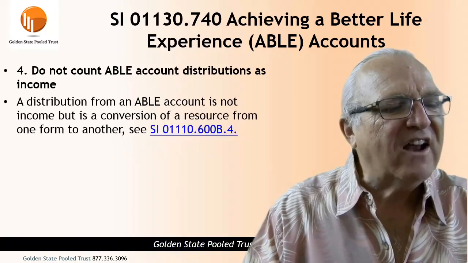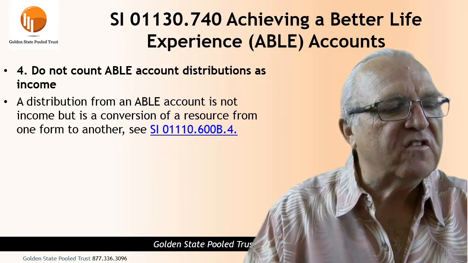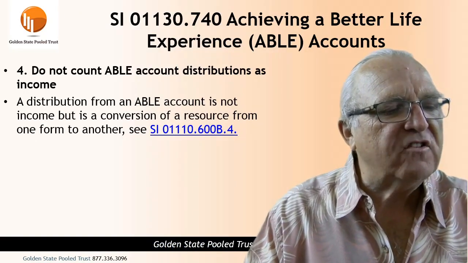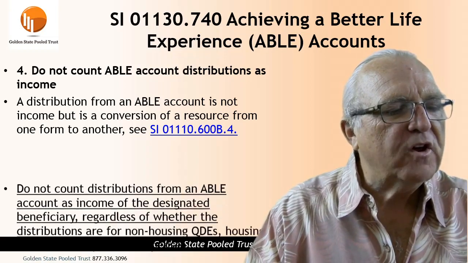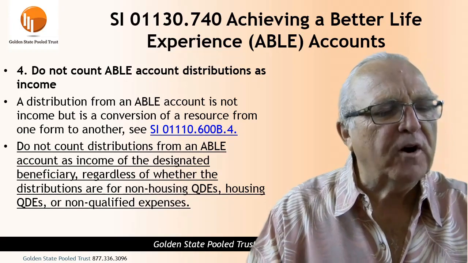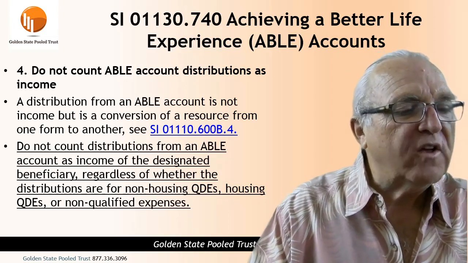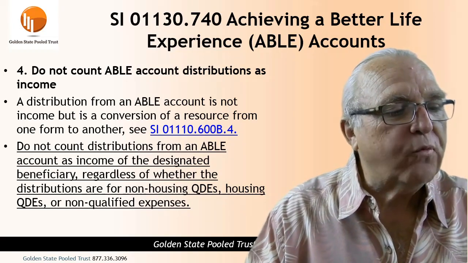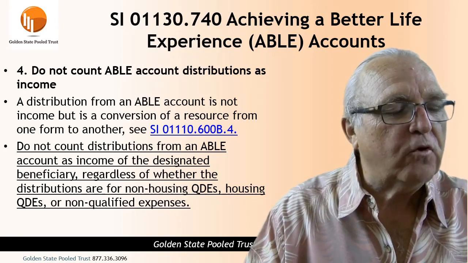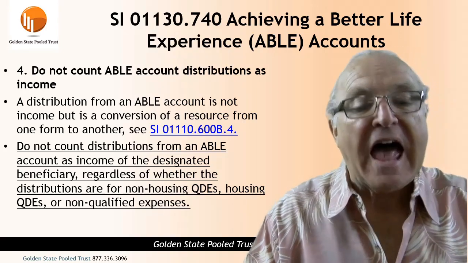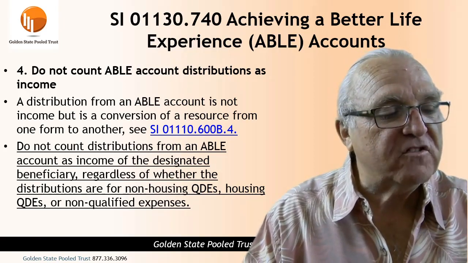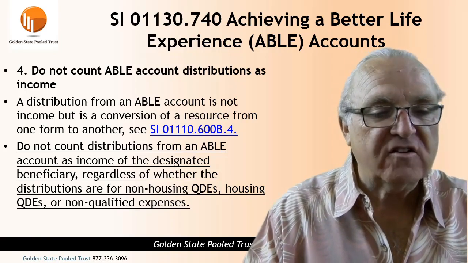What the POMS actually says here is do not count ABLE account distributions as income. And this is the part that's really important. Don't count it as income, regardless of whether the distributions are for non-housing qualified disability expenses, housing qualified disability expenses, or non-qualified expenses.